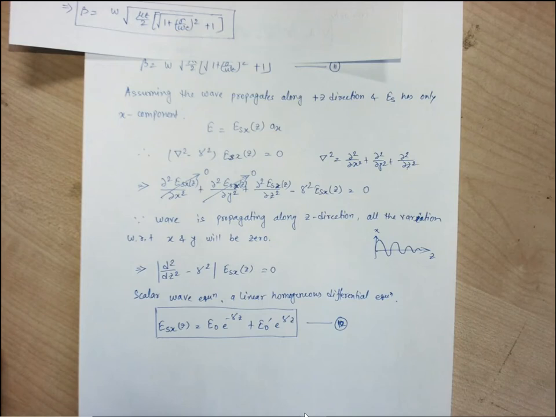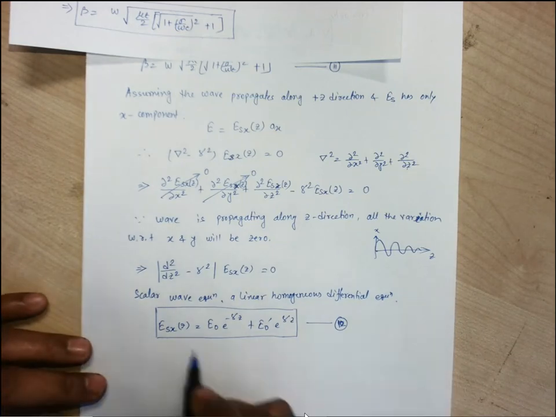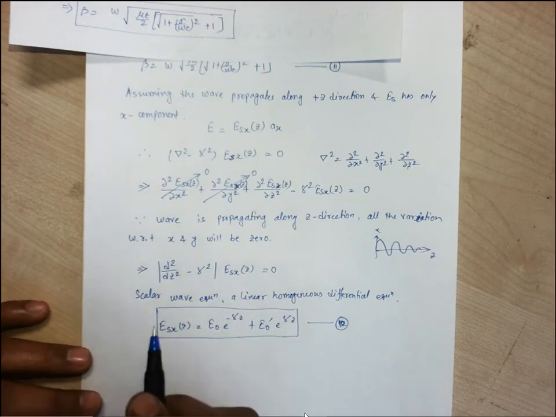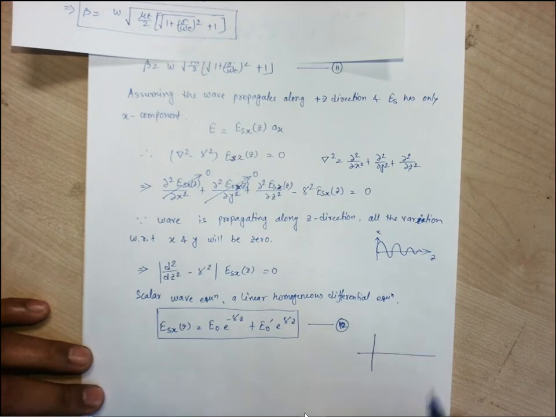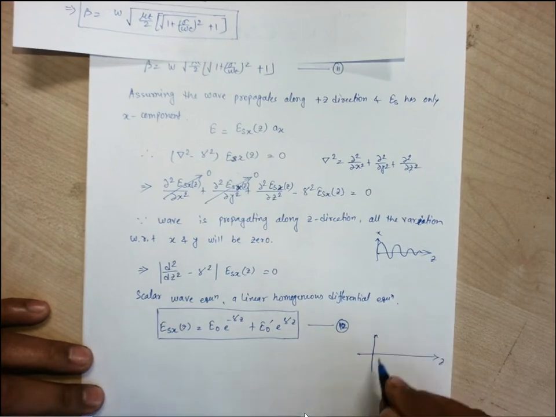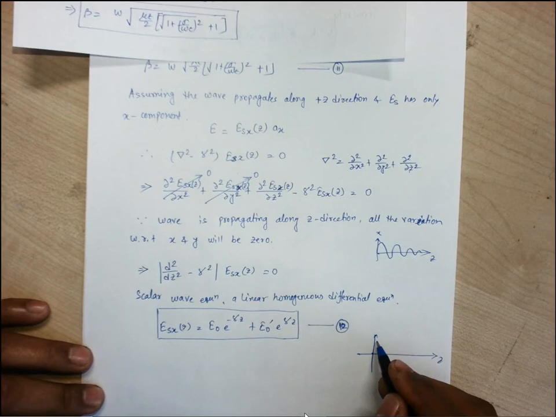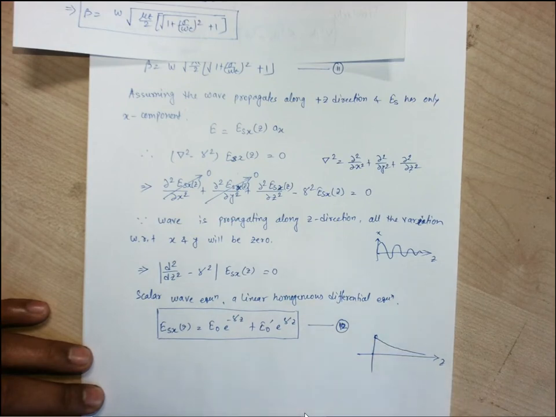It should be very minimum. So in the forward direction this component will exist because the wave is propagating in the plus z direction, and if this is the source end, then it has the maximum amplitude at the source end, and while it is propagating, its amplitude goes decreasing like this.